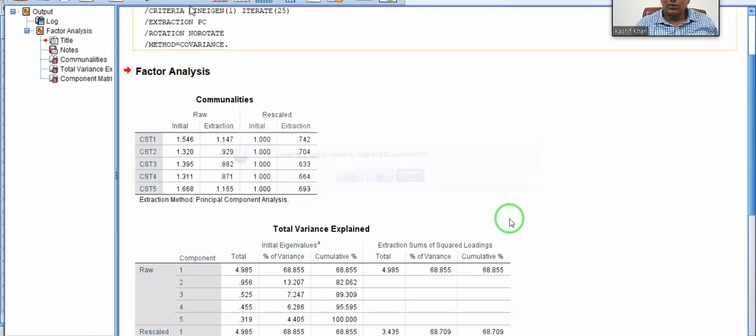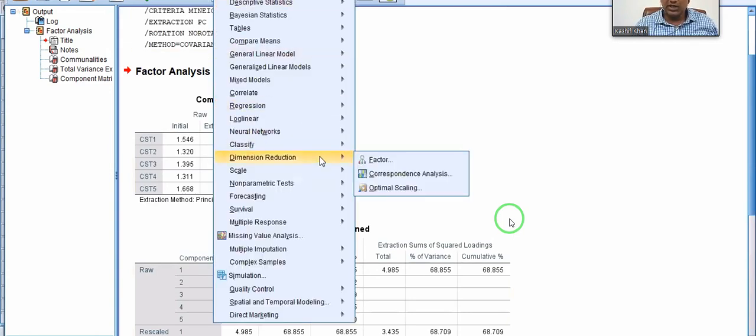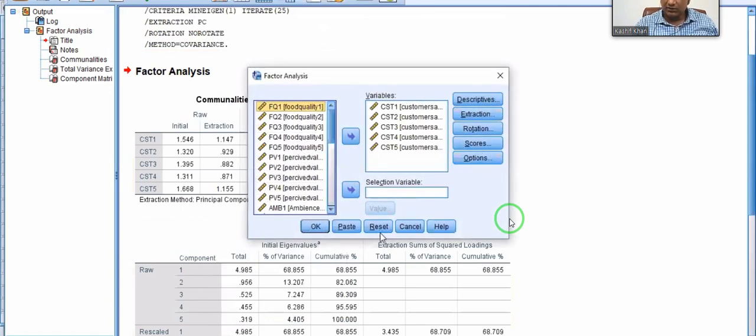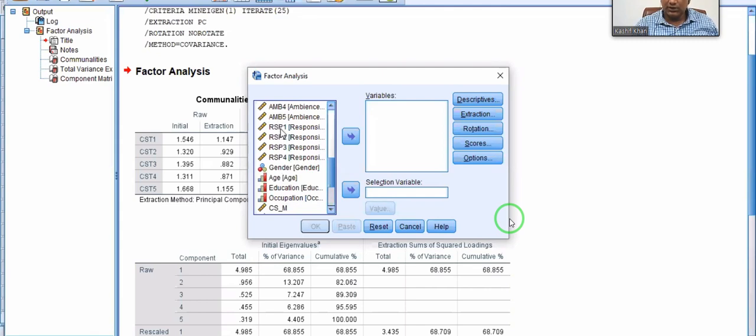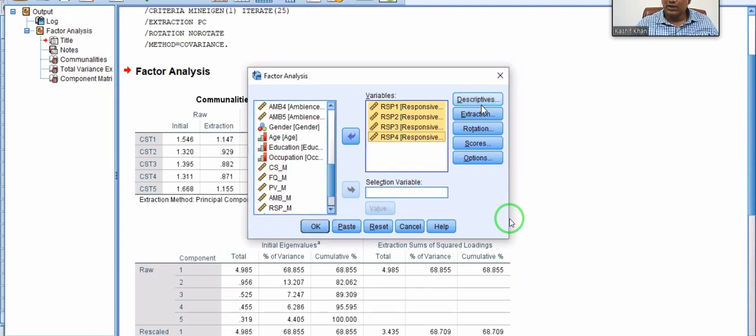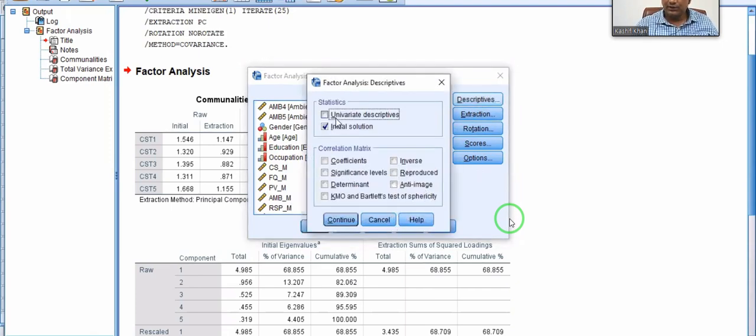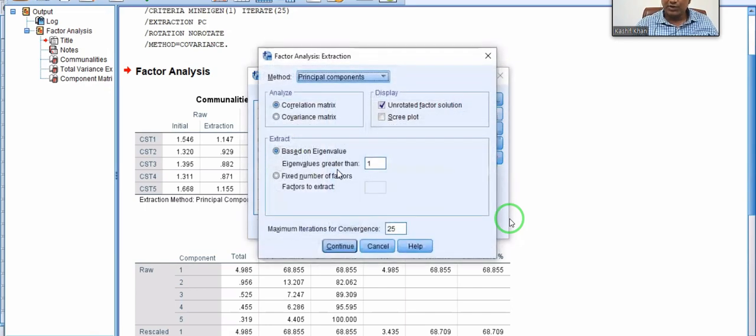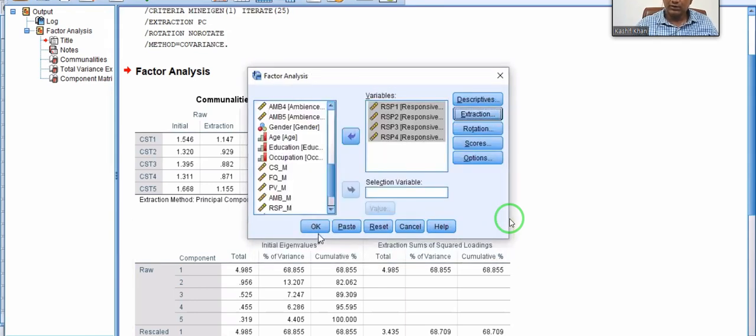Okay, analyze, again, let's do it with another one. EFA, factor, reset. Let's do the last one. This one, responsiveness. Extraction, fine, covariance, okay.